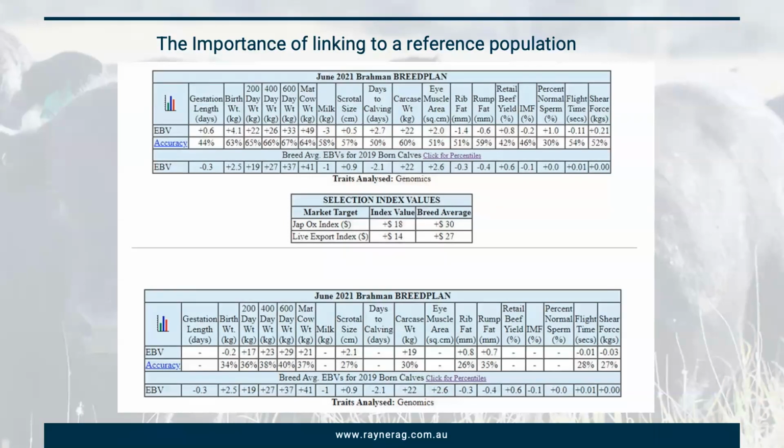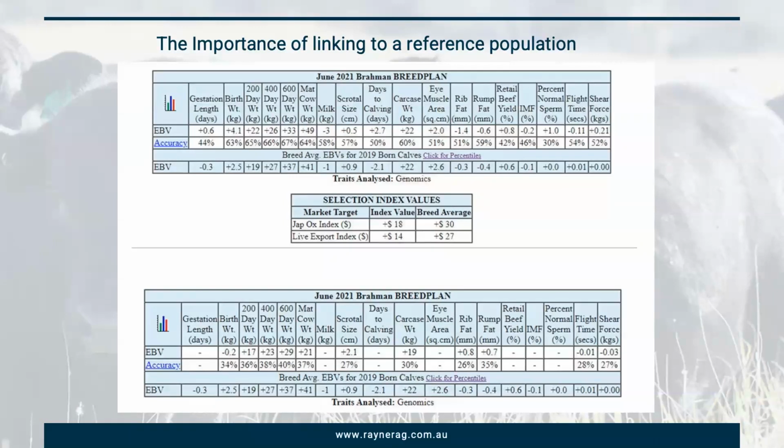The bull below also has been genomically tested. But when you look at him, we don't have EBVs for some of the major traits that are of relevance to that particular breed. The reason for that is that those traits are not able to be identified from that genomic test. And because there are no linkages with that animal across to the broader reference population, the generation of an EBV is going to be restricted.